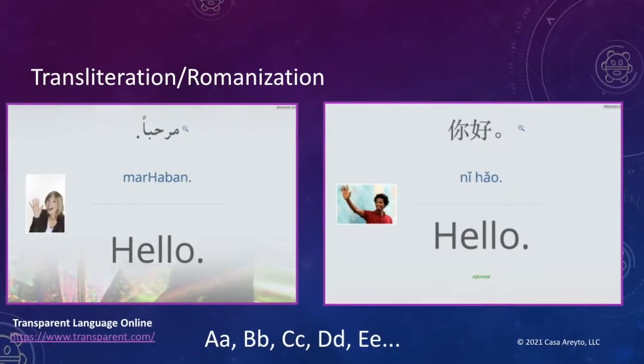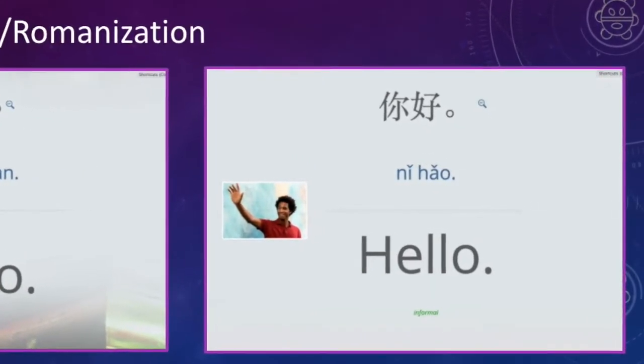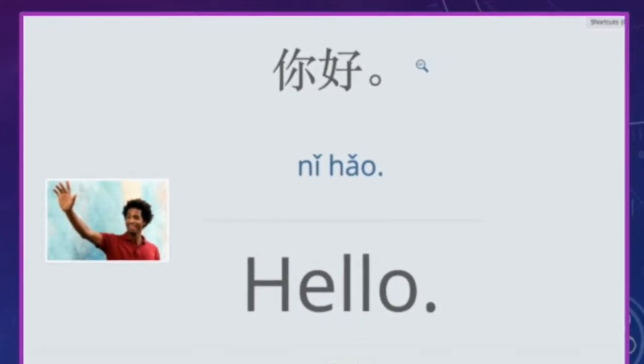I don't need to know what each of the Arabic script letters is, although I did study the alphabet, so I know a couple of these. The same thing goes for the Mandarin Chinese. I know that hello is ni hao because the transliteration or romanization shows me which characters correspond to my ABCs.